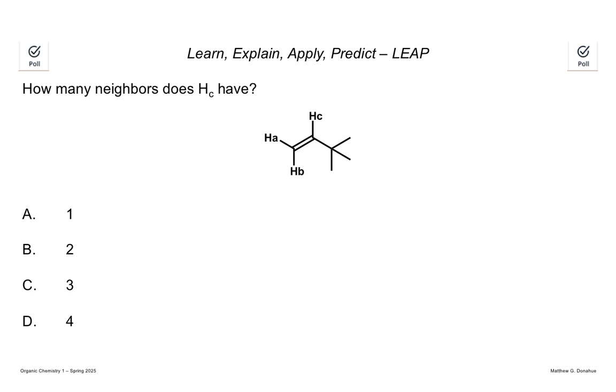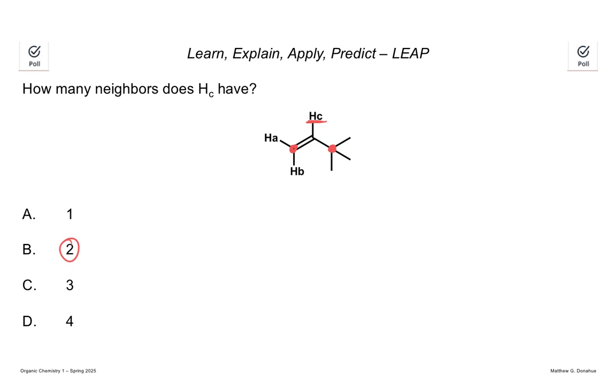So how many neighbors does HC have? So if we're just counting the neighbors, we see that that neighbor has no hydrogens. This neighbor has 2, or that neighboring carbon has 2 hydrogens. So a first approximation, you'd say, well, that's 2. 2 plus 1 is a triplet. So that's fine for a first approximation.